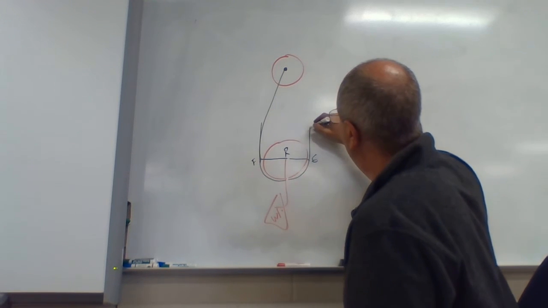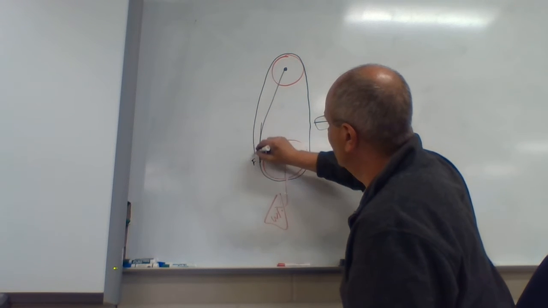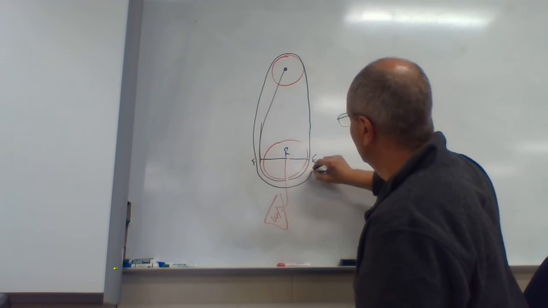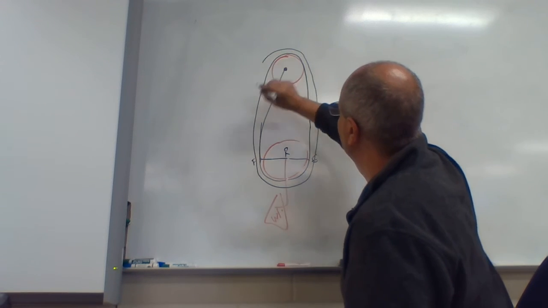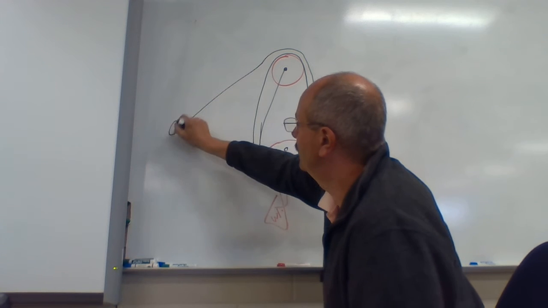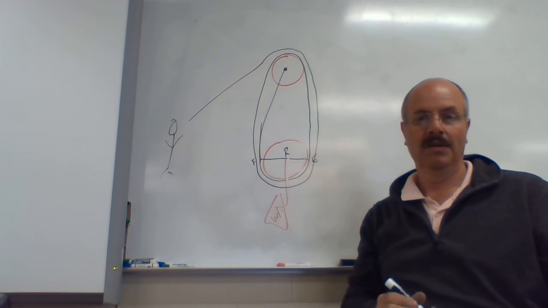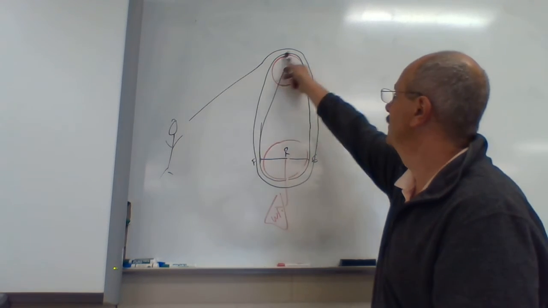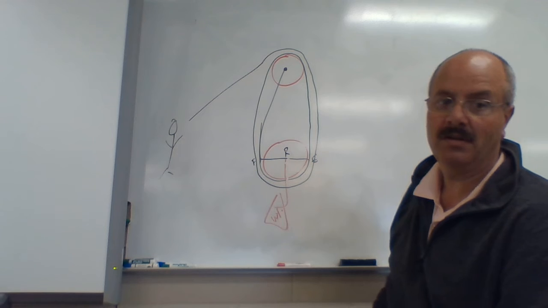Then it goes over the top, comes back down and goes around a second pulley, then goes back up, goes around, and comes over to the person, who is holding on to it. So when he pulls on this rope, it's going to cause this pulley to move back up, and it's going to lift this.